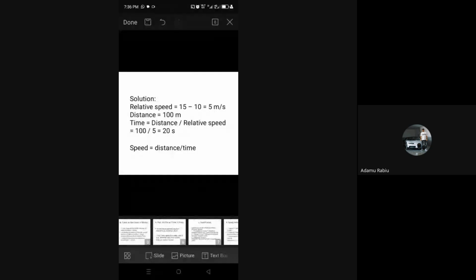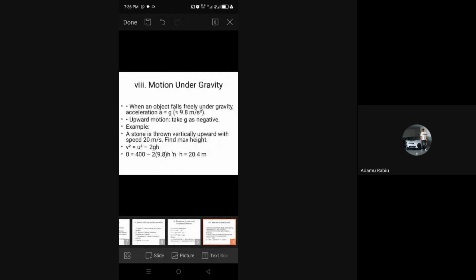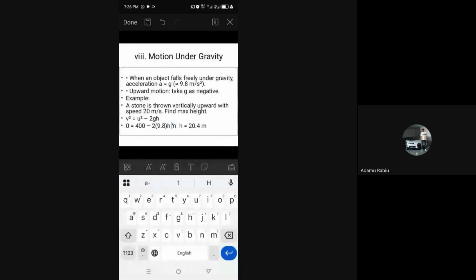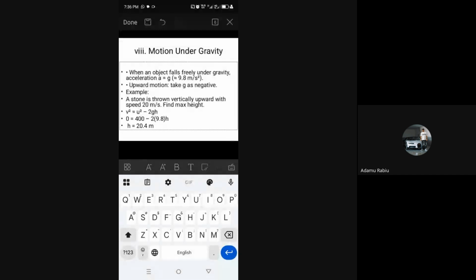Okay, so I want you to also note this one now. It is motion under gravity. I think I've said something about it, but I don't know whether you wrote anything under it.